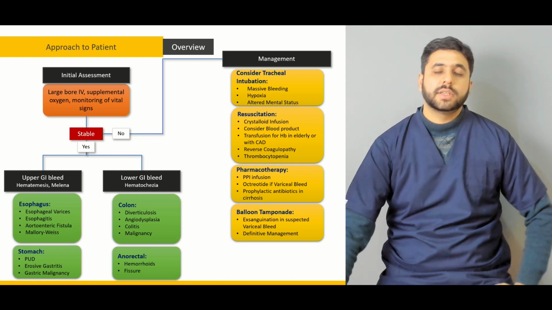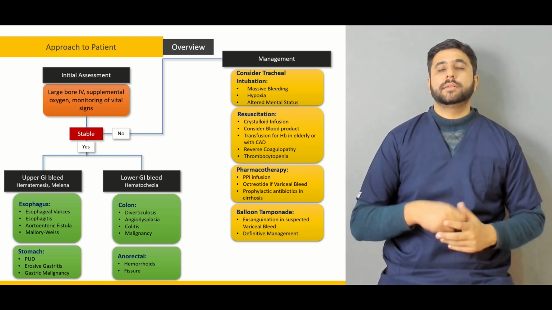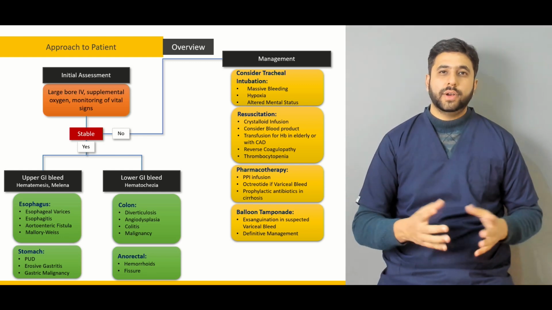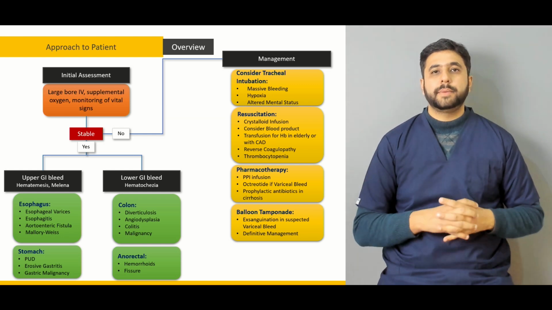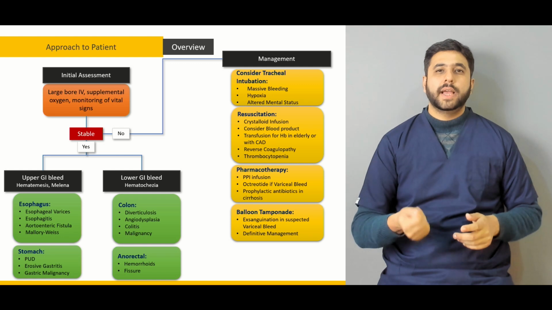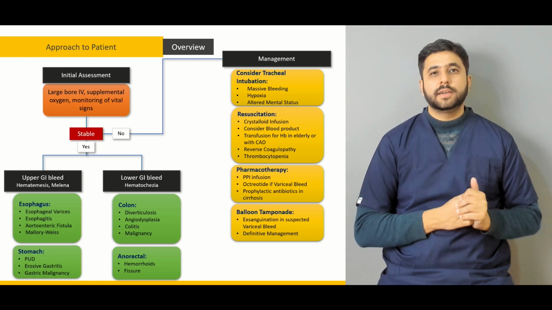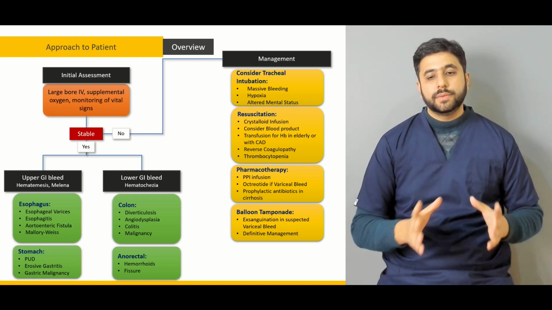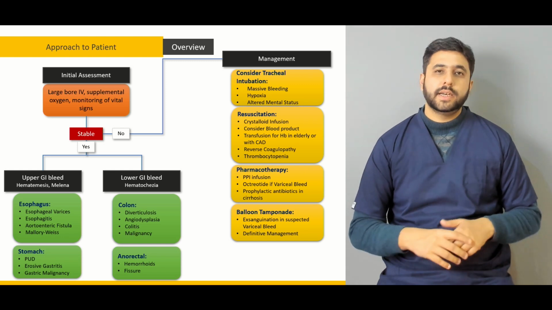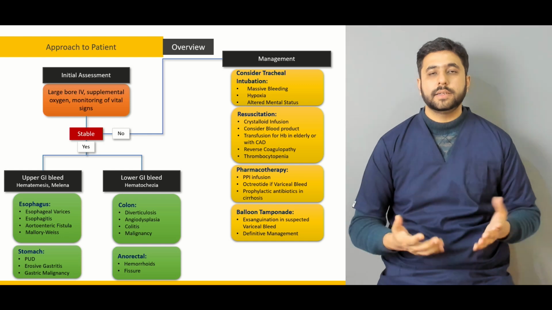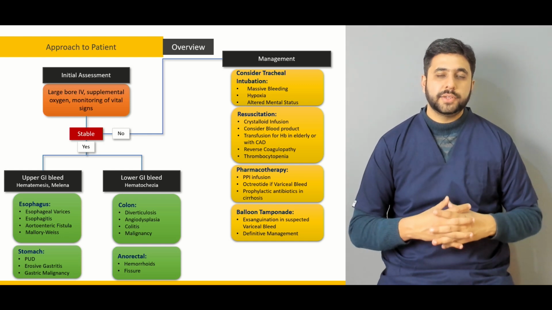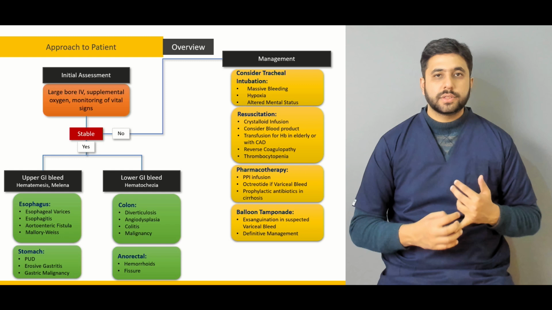For example, in someone with bleeding varices, we can do sclerotherapy, coagulation or banding of the varices, or in someone with peptic ulcer disease, we can coagulate that bleeding artery as well. So endoscopy is generally the gold standard followed in upper GI bleed patients, and it is a diagnostic procedure as well.